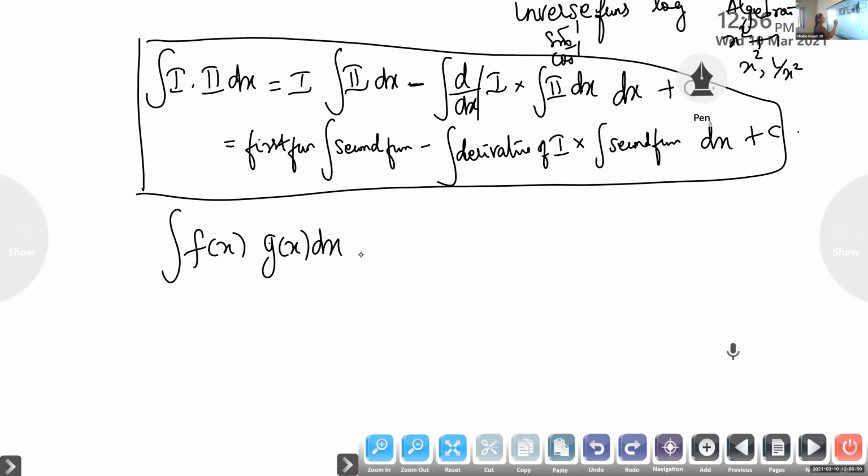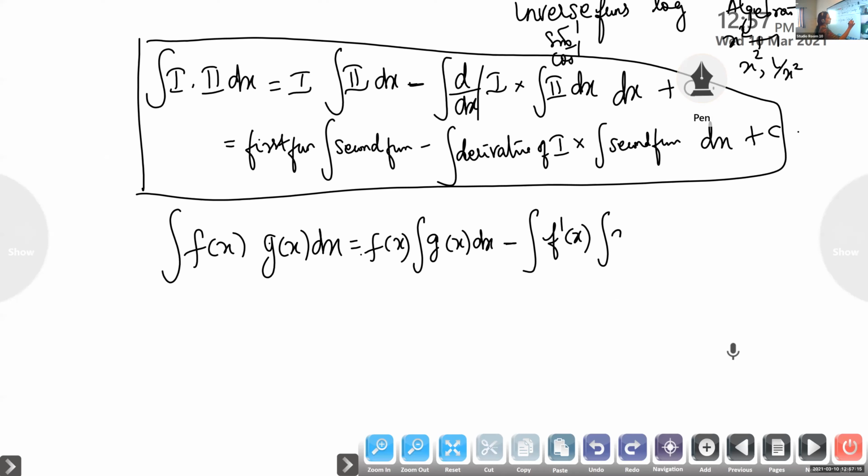Then the formula will be given like this: first function f of x into integral of second function, minus integral of derivative of first function, f dash of x, into integral of second function into dx plus c.